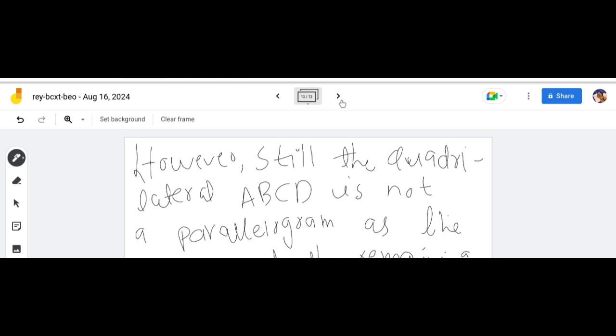Okay, now after writing this you have to draw this diagram.